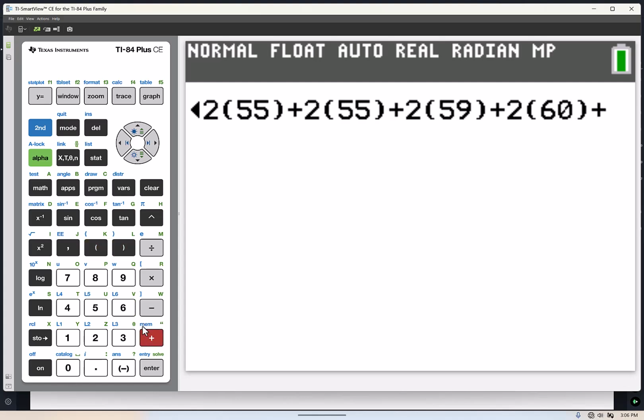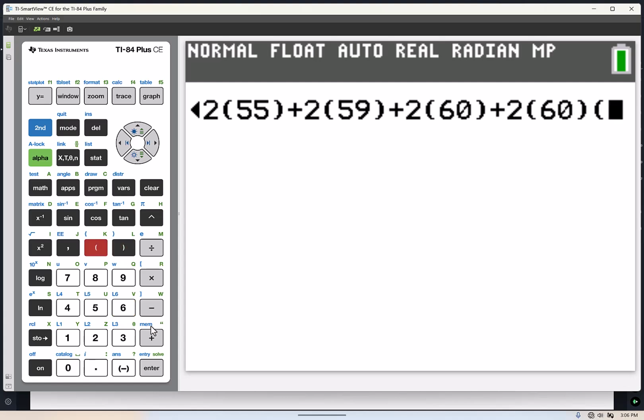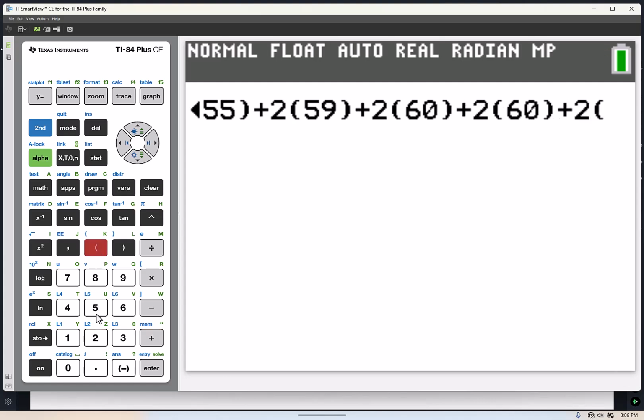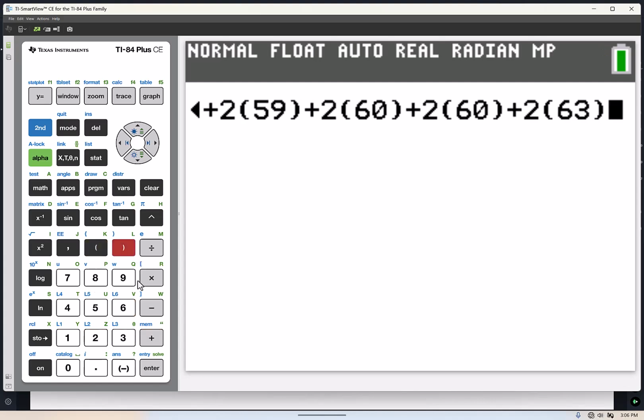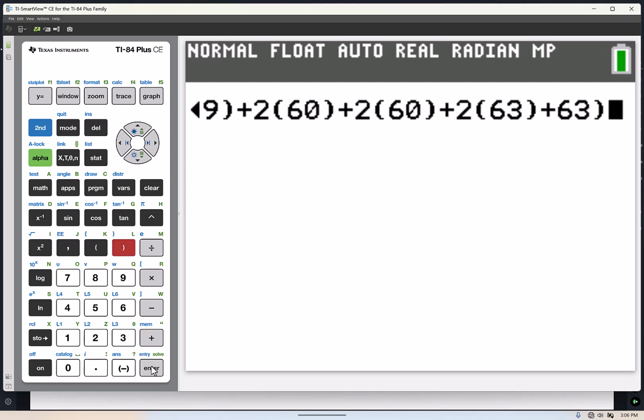I guess you could, but then you'd have to have a half on the first and the last. Plus 2 times 60 again. Oh, plus 2 times. Okay, and then there's the last one coming up, right? Close parenthesis, and let's see if we got the same thing.